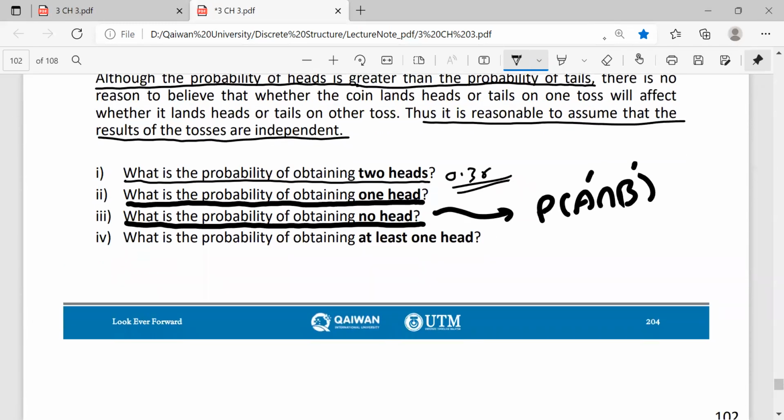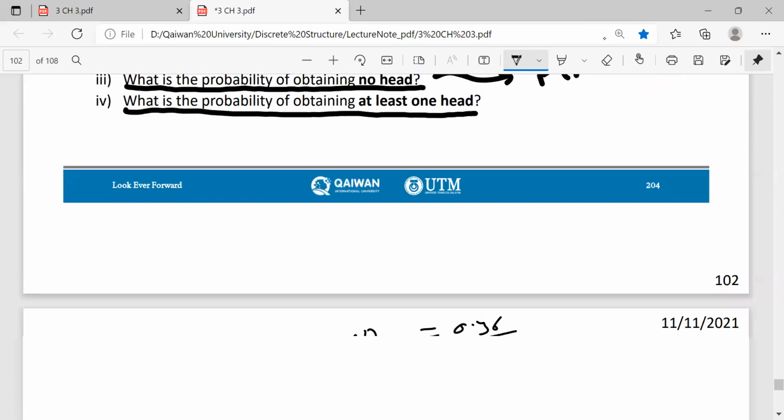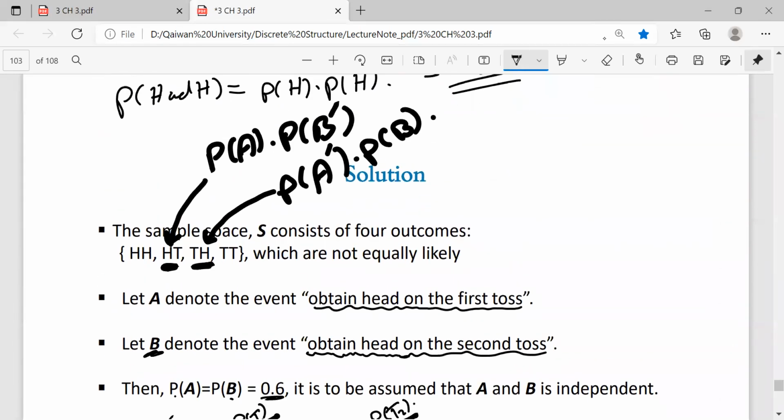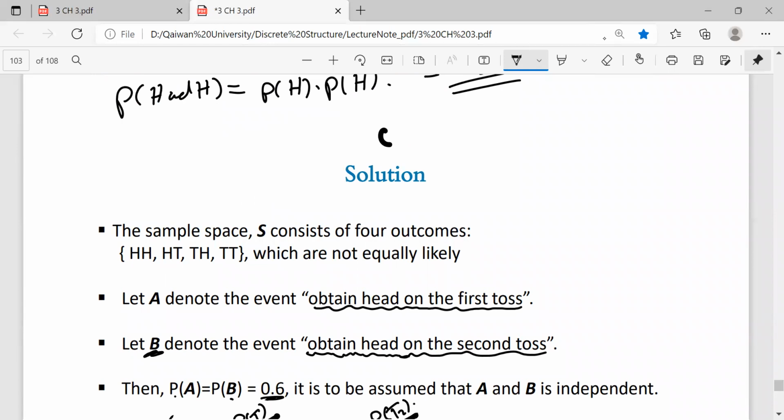And for the last part, it says, what's the probability of obtaining at least one head? If you look at the sample space here, at least one head, we have this, and that. We just do not have this one. The probability of this one is 0.16.